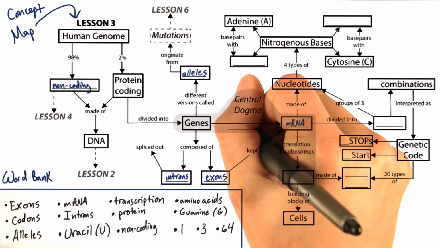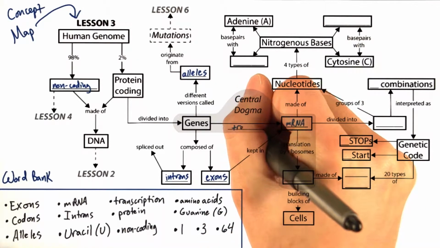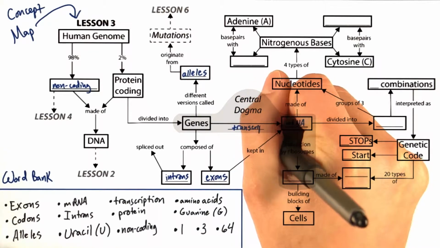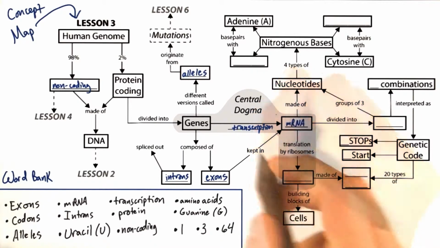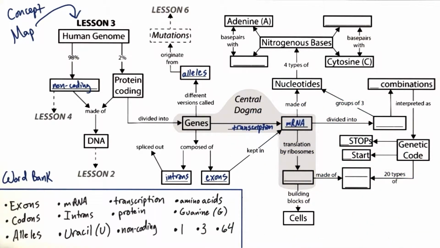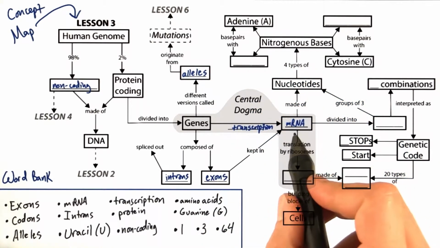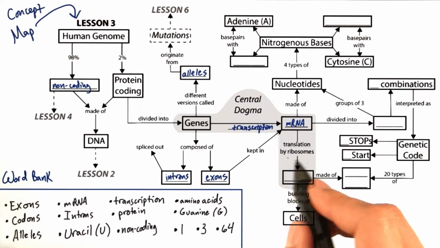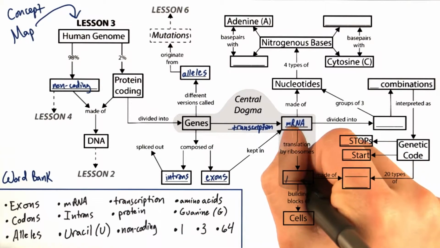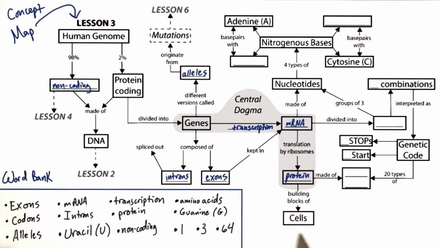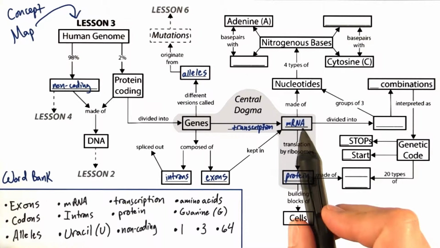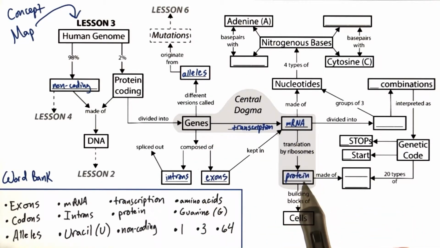The process that synthesizes mRNA from the gene DNA is transcription, and it's the first part of the central dogma. Once you have an mRNA transcribed from the DNA gene, it's going to be translated by ribosomes into protein. And proteins are the building blocks of cells. This central process of genes to RNA to protein, or DNA to RNA to protein, is called the central dogma.